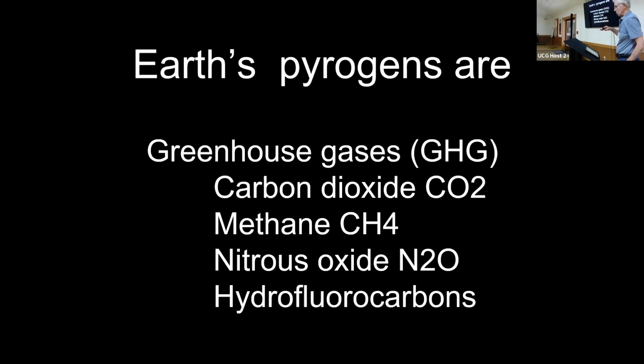Nitrous oxide is even more so, and hydrofluorocarbons are all over the ballpark, and they're the most rapidly increasing component of our 4 greenhouse gases. These are the forever chemicals. And some of these, especially the perfluorochemicals, are in the environment for thousands of years, 9,000 to 10,000 years.